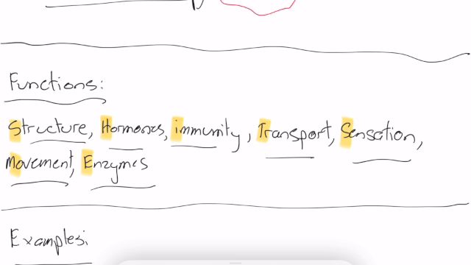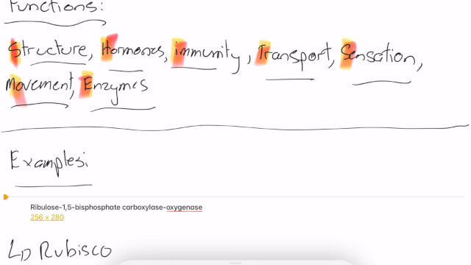Now, a useful way to remember the overall functions of proteins is this acronym, which once you spell it out is a good way to ultimately remember, and it's something which definitely has helped me.